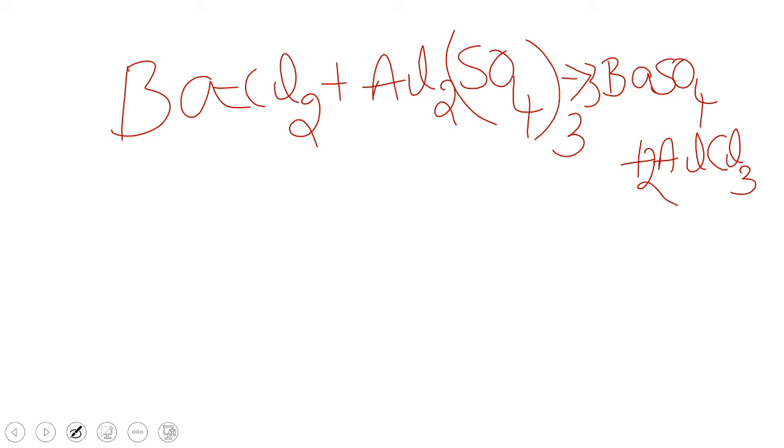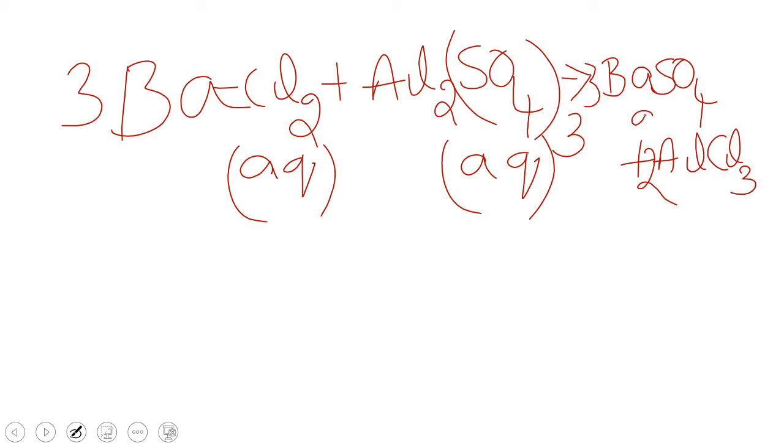The only things left are chlorine and barium. Here barium 3 are there, so I will write 3 here. If I write 3 here, barium is also balanced, and chlorine 3 2s are 6, here also 2 3s are 6. So this is the balanced equation where we'll show the physical states: barium chloride, aluminium sulfate, barium sulfate and aluminium chloride.